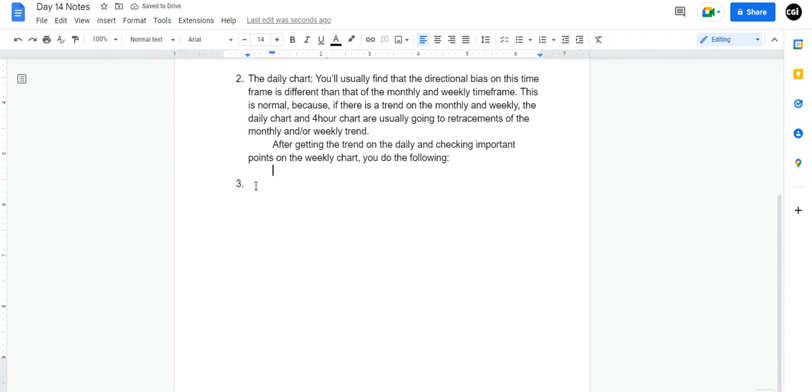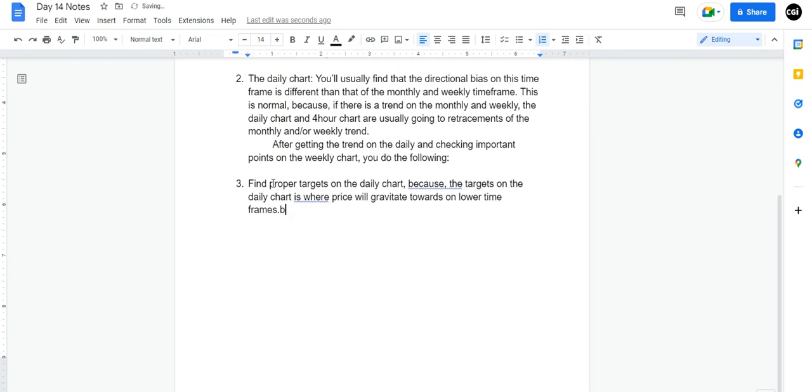Step three is that you want to find proper targets on the daily charts, because targets on the daily chart is where price will gravitate towards on lower time frames.